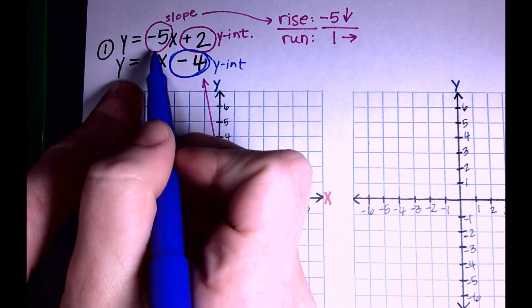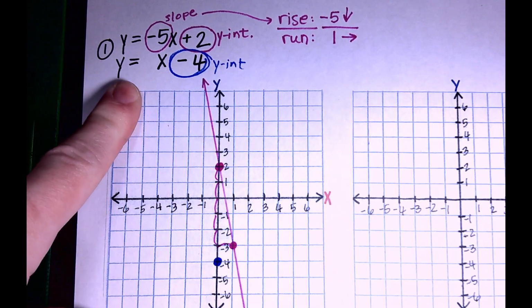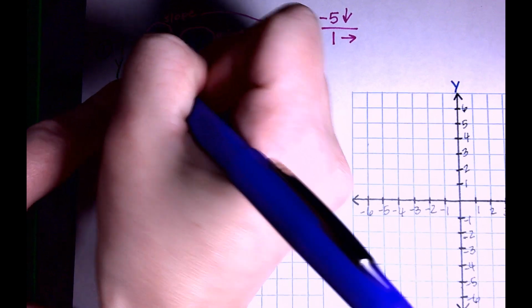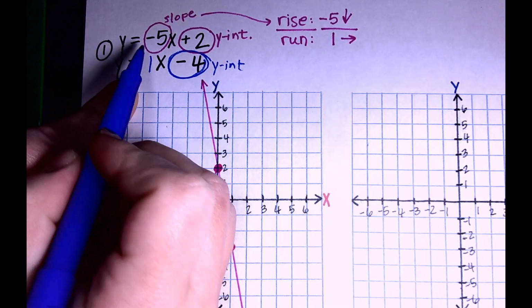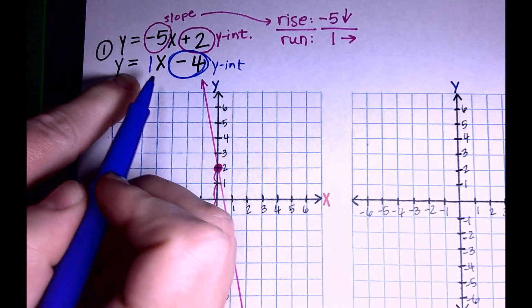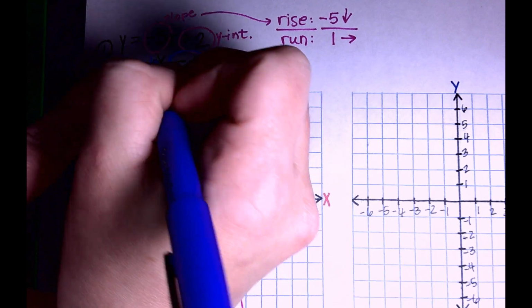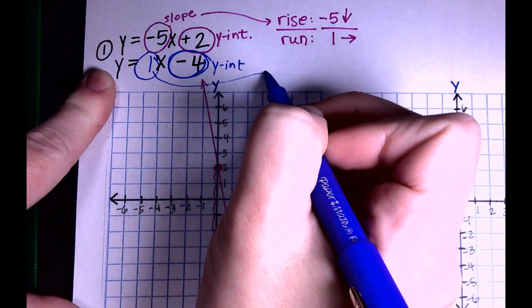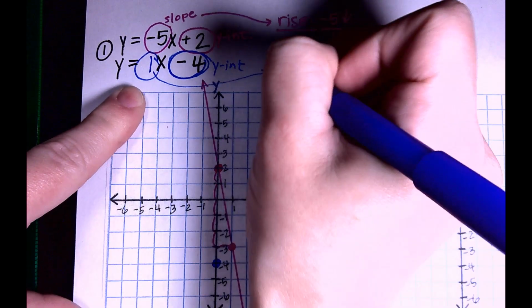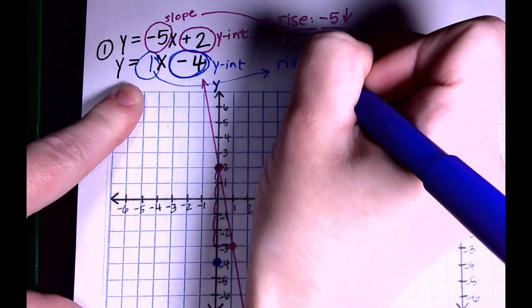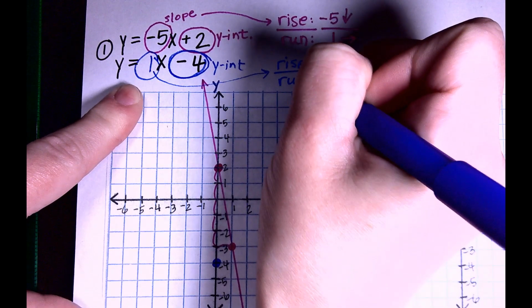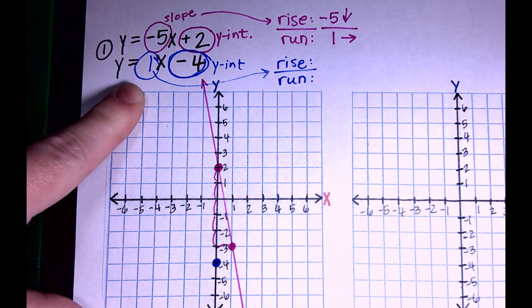Anytime there's not a number next to x, that number is 1. The number just tells us how many x's there are. There's negative 5 x's here. Well, there's 1 x right here. So if our slope is 1, what would our rise be and what would our run be? 1 over 1.